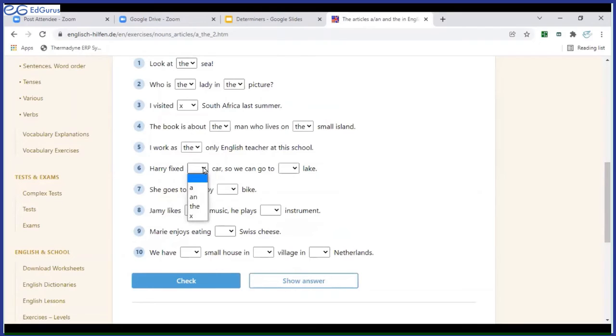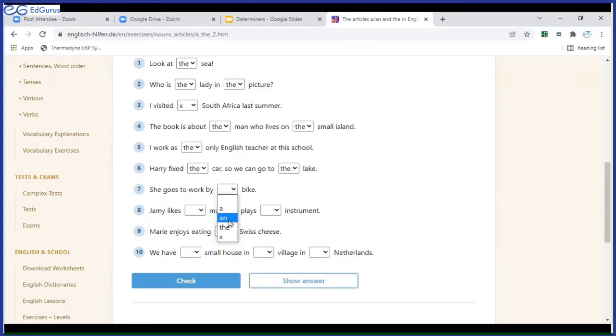Harry fixed the car, so we can go to the lake. She goes to work by bike. She goes to work by the bike.